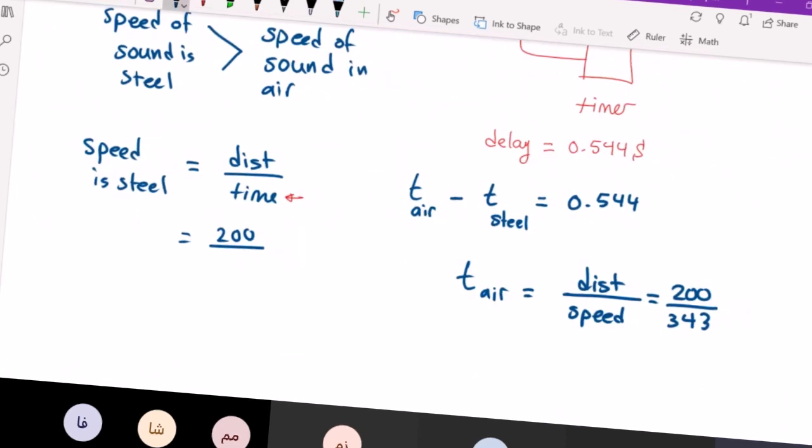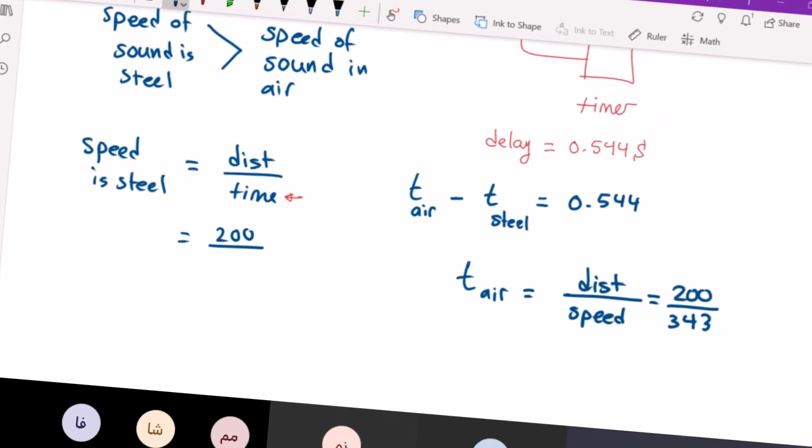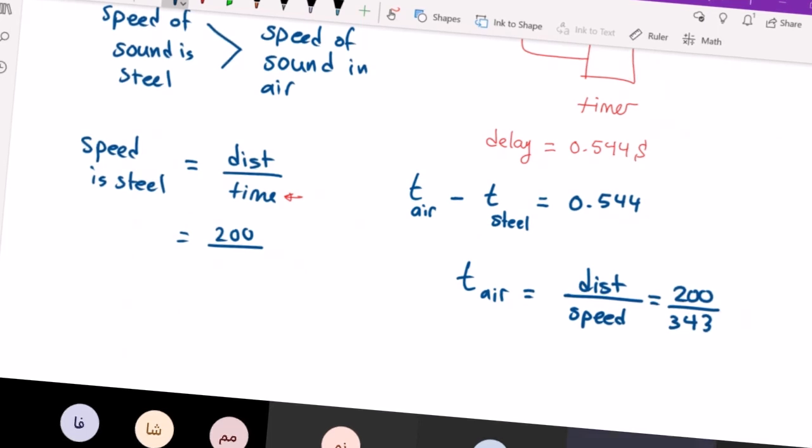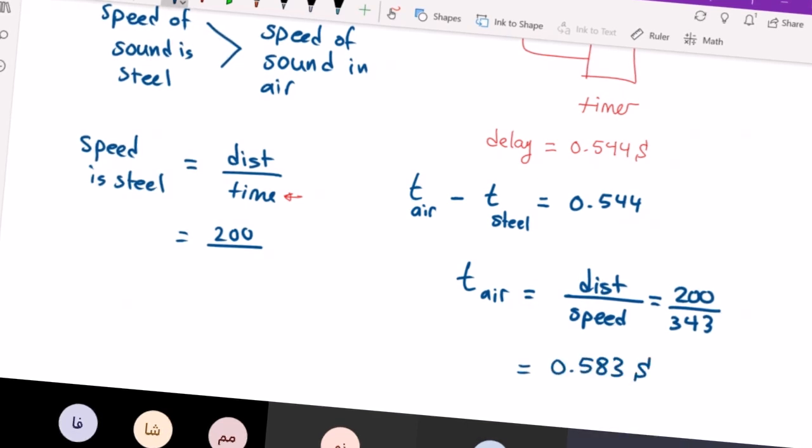Does anyone have a calculator, guys? It comes out 0.583 seconds.